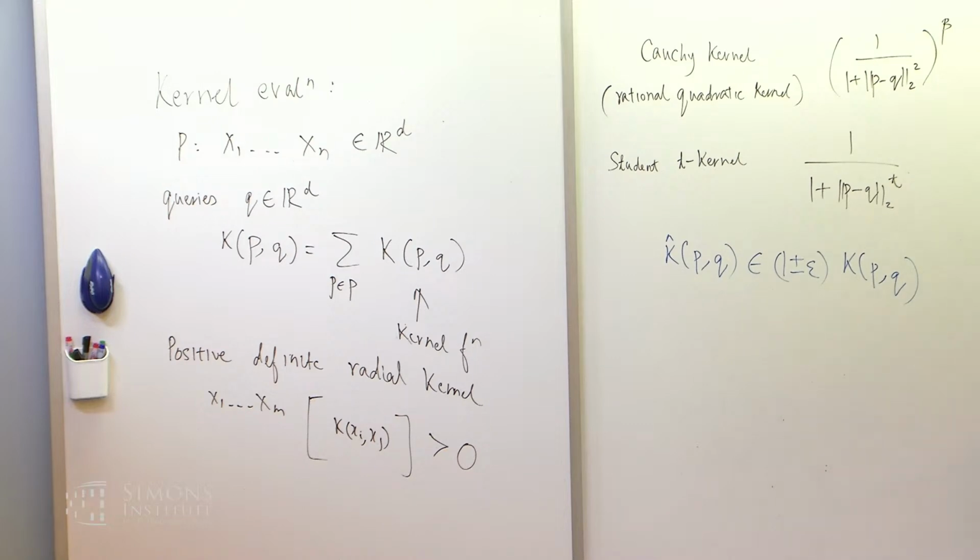All right, so even before computer scientists or theoreticians started thinking about this, the problem had been around for a while. In the numerical analysis literature, this is the domain of what's called the fast multipole method.